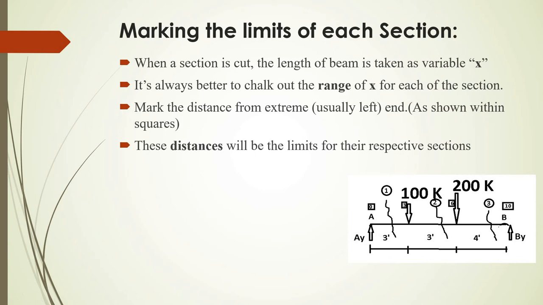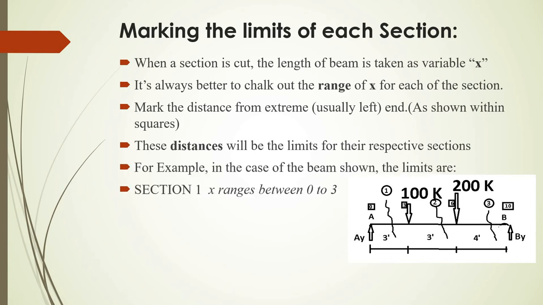Now for the second section, the lower limit would be what was the upper limit for the first section. The same number becomes the lower limit for the second section that starts right after this force.